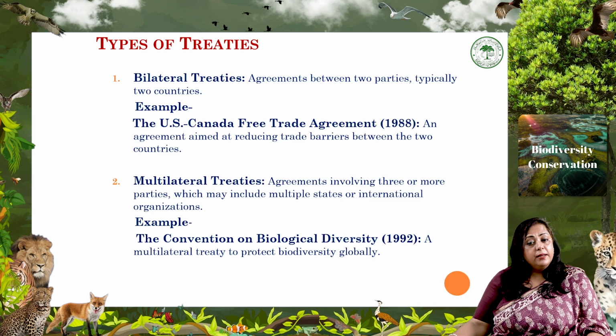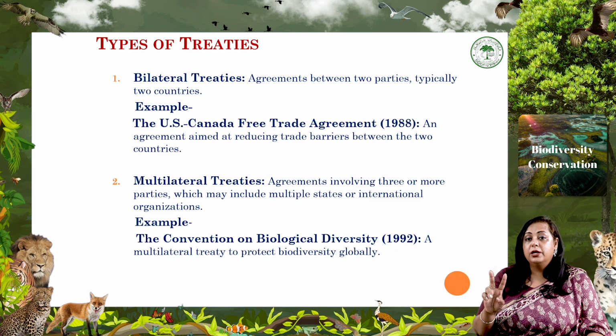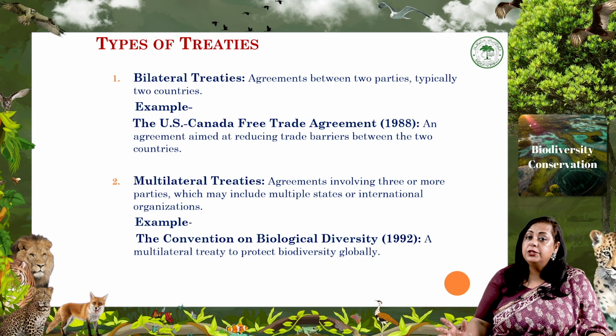Multilateral treaties are agreements involving three or more parties, which may include multiple states or international organizations. For example, the Convention on Biological Diversity.